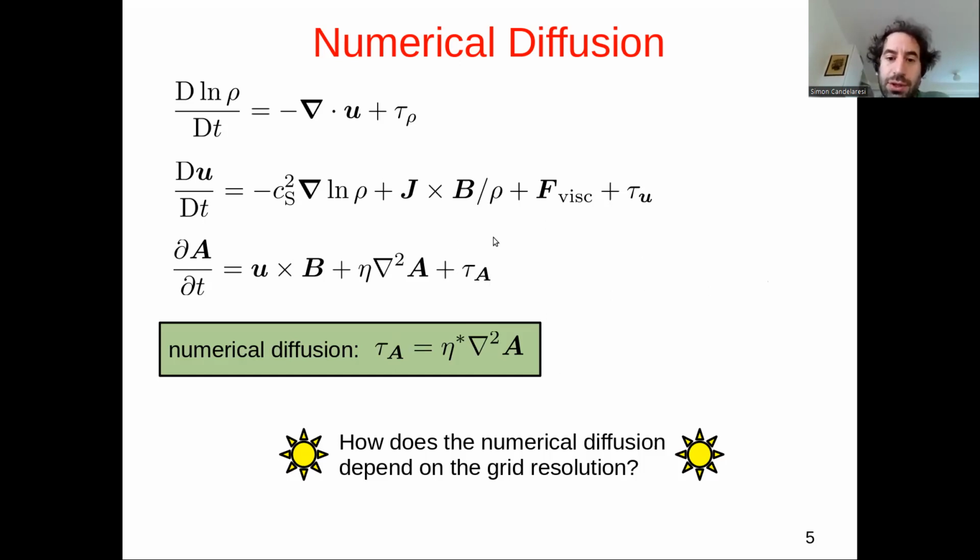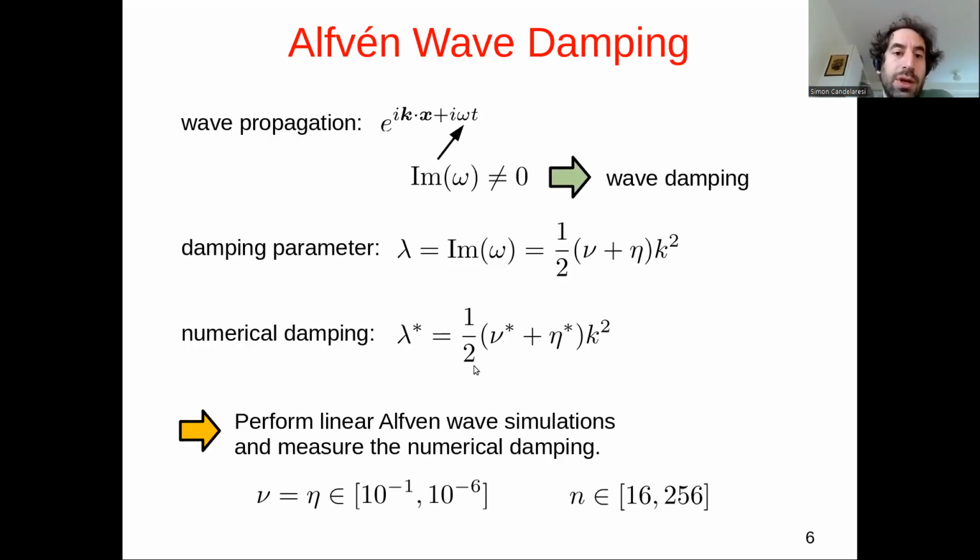But here I want to show you, instead of an analytical approach, a more experimental and numerical approach. Because in principle, we could measure this numerical diffusion by designing an appropriate numerical experiment. And one of them is Alfvén waves.